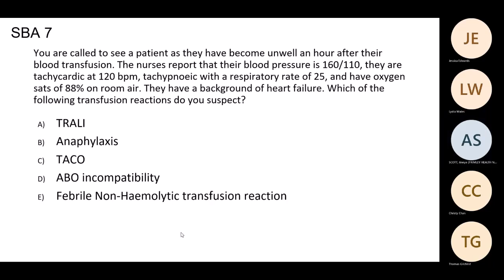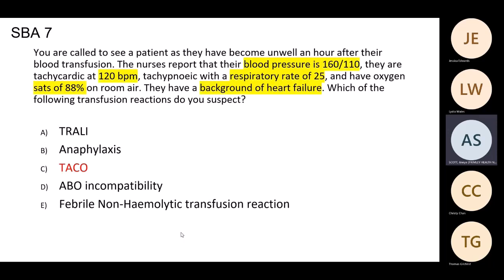All right, so the answer was TACO. It stands for transfusion associated circulatory overload. Usually they're going to have a high blood pressure, they're going to be tachycardic, and they're going to be struggling to breathe, so they get overload in the lungs as well.